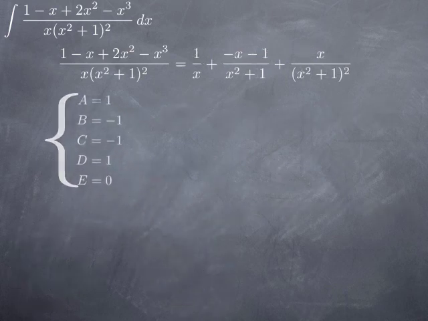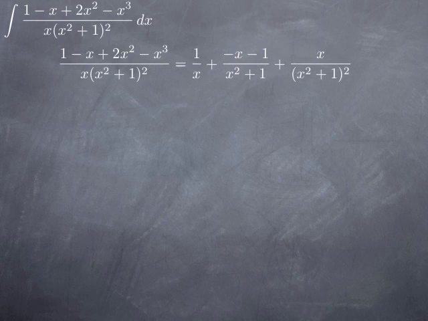So that means that we can replace the coefficients by these values in our decomposition into partial fractions, and this is what we obtain: 1 over x plus (−x − 1) over (x² + 1) plus x over (x² + 1)². And so this is what we want to integrate.